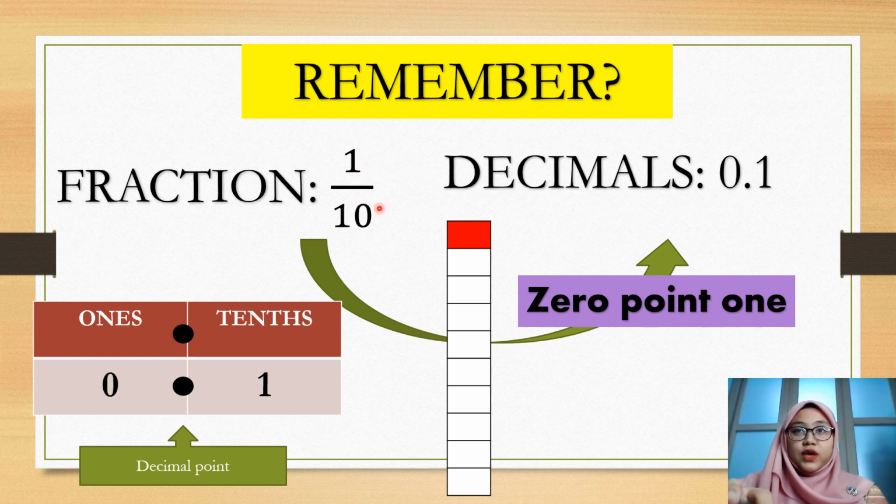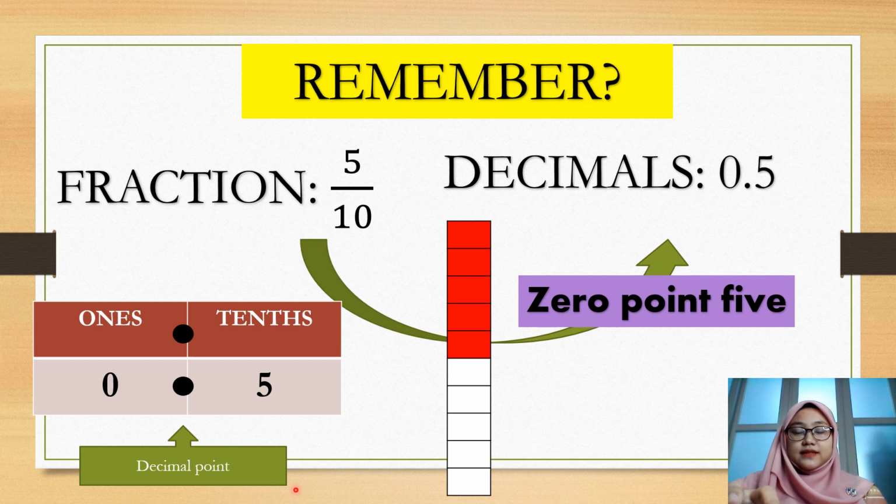And when we convert into decimal, it becomes 0.1. This is the place value, where ones is 0 and the place value for tenths is 1. In the middle, we have the decimal point. Got it?